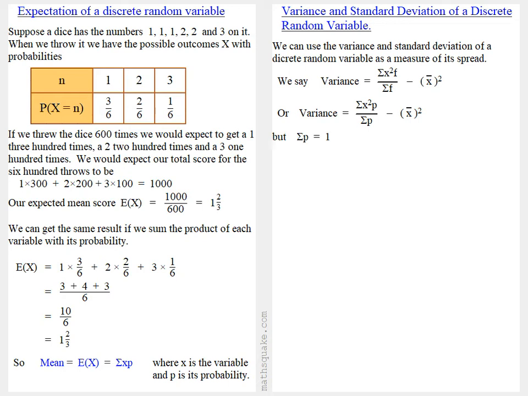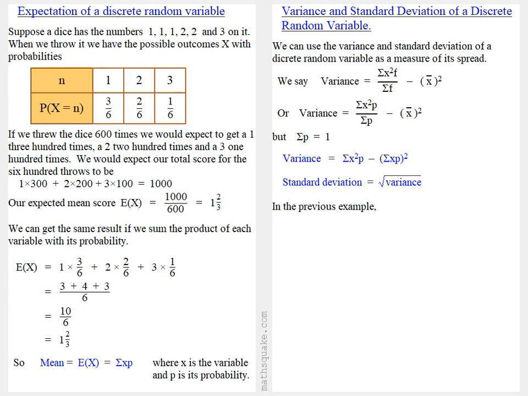But the sum of the probabilities is equal to 1, and so the variance is equal to the sum of the x squareds times their probabilities, p, minus the sum of the xp's, all squared. And the standard deviation is the square root of the variance.